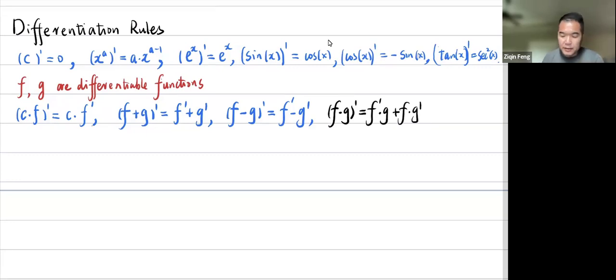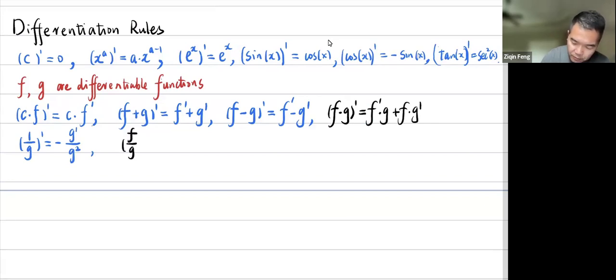And also we can differentiate reciprocals. 1 over g, prime is negative g prime over g squared. And then we get our quotient rule, which is f over g, prime is f prime times g minus f times g prime, over g squared.